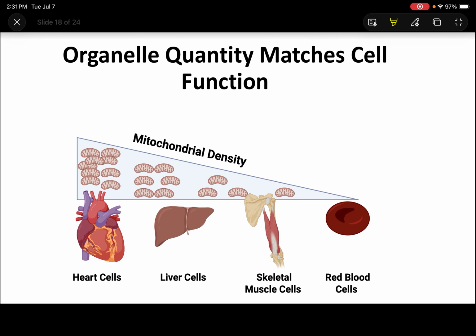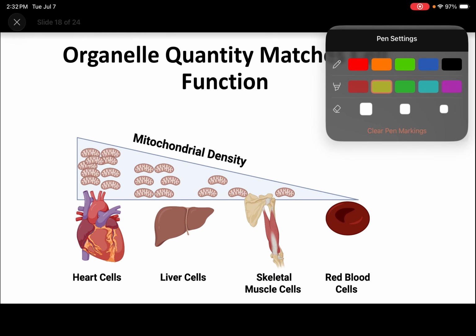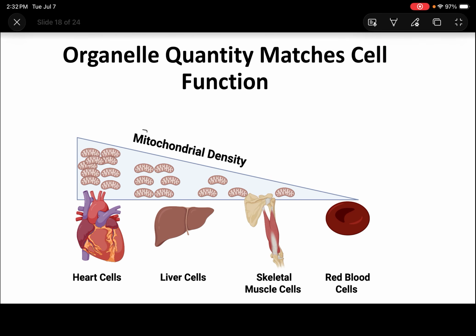So some cells, specifically in our body, might have more of an organelle than another. And so one classic example of this is the mitochondria, right? Mitochondria make energy. So we want cells that use a lot of energy to have more mitochondria. So for example, heart cells have a ton of mitochondria in them.